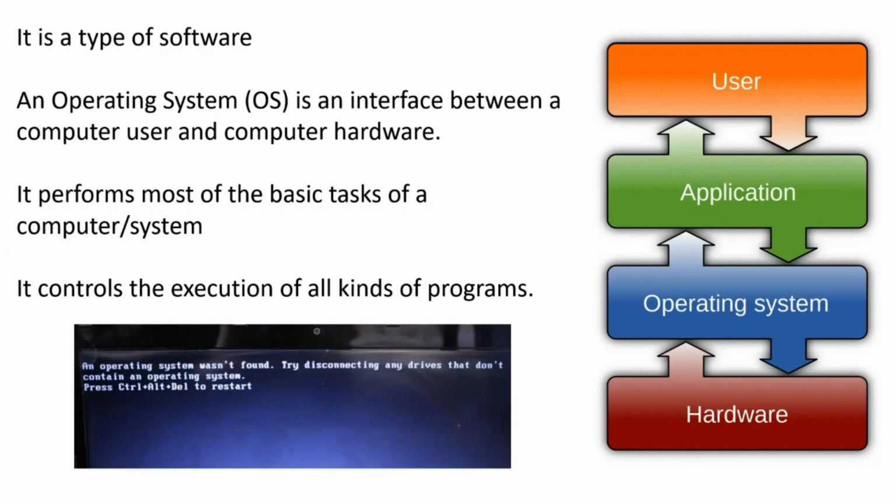So whenever the operating system isn't working, you will see a message like this: the operating system wasn't found. Right? මේ වගේ error message එකක් එනවා. So you have to go for a technical assistant and then sort out the problem that exists in your computer. So that's the only option available for you to go with. Right? So that is how it works.